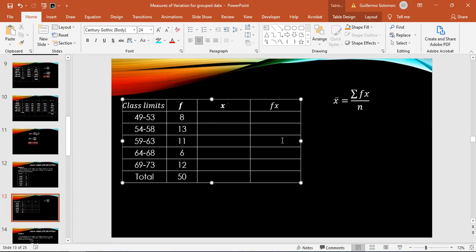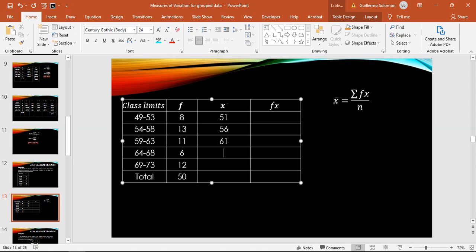Okay. 51. Okay. So, 54 plus 58, that is divided by 2, 56. 59 plus 63 divided by 2, that is 61.